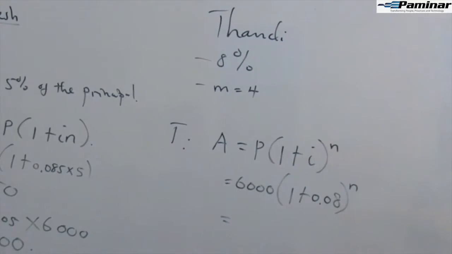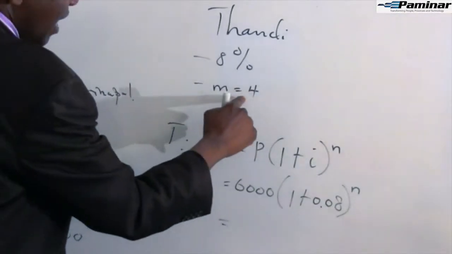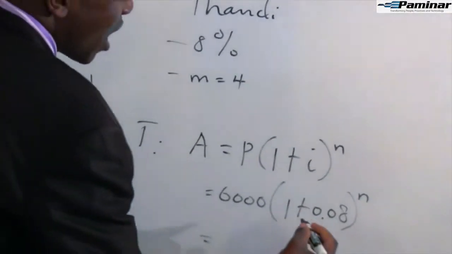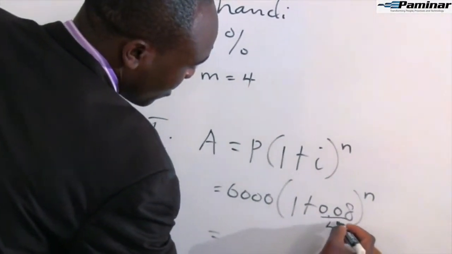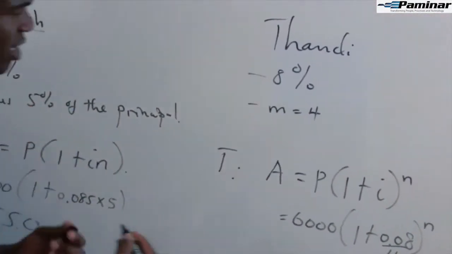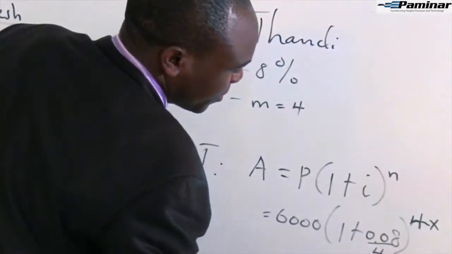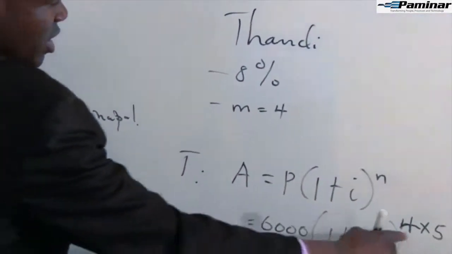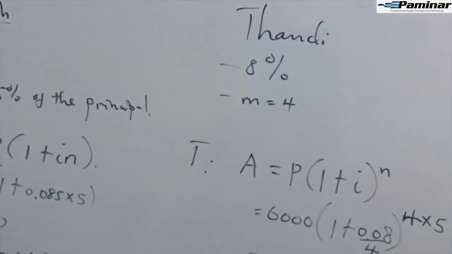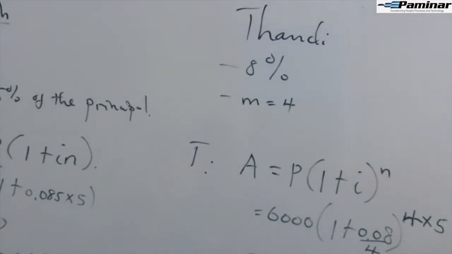Alright. But there's something there. Have you noticed? Now, our interest is being compounded how many times? 4 times. So which means our i is going to be divided by 4. And how about our N? It's mathematical. N is going to be 4 times 5, which is 20. So 0.08 over 4 is 0.02.